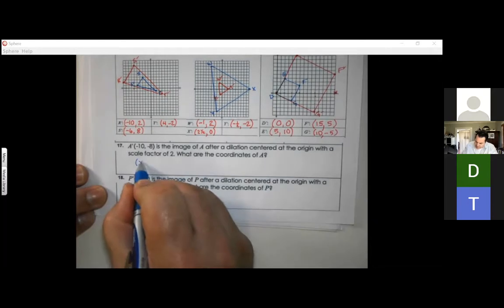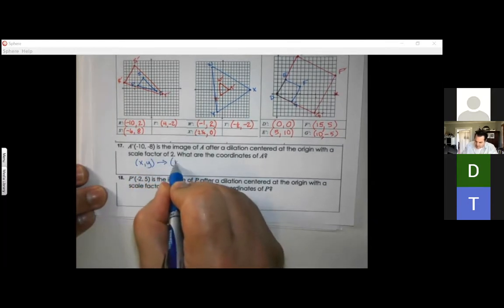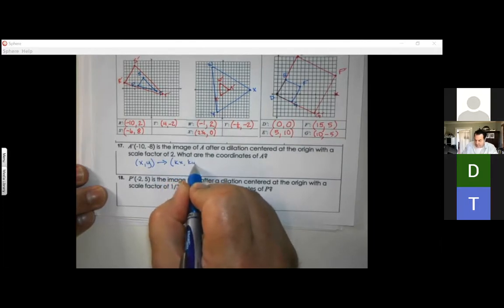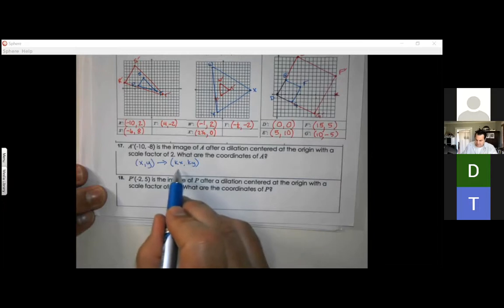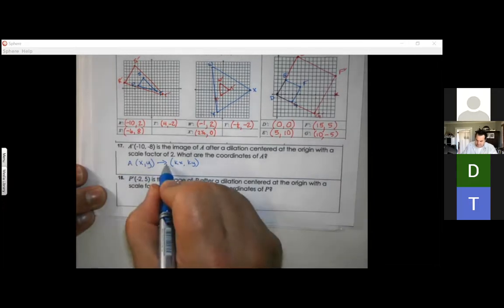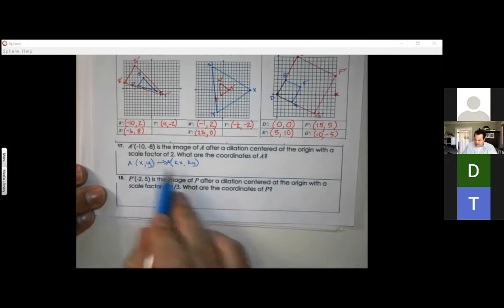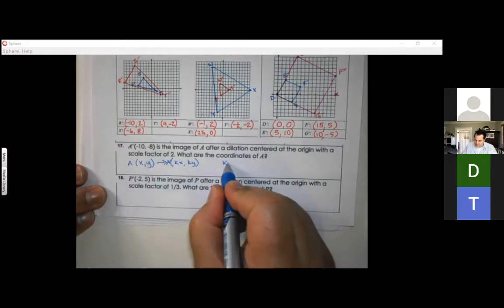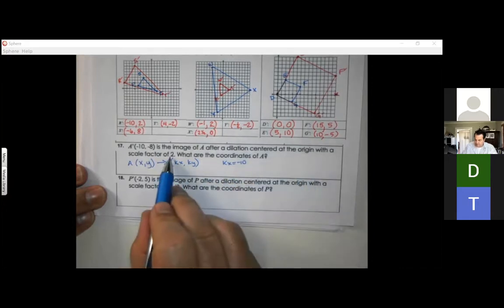We know that xy goes to kx, ky, right? This is the image. If this is A, this is A prime. And they're telling us that the first part, kx, equals -10, and they're telling us that k is 2.